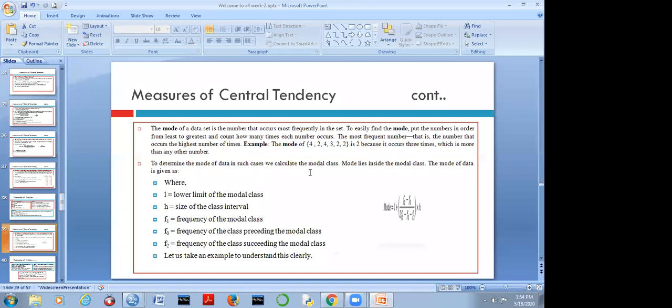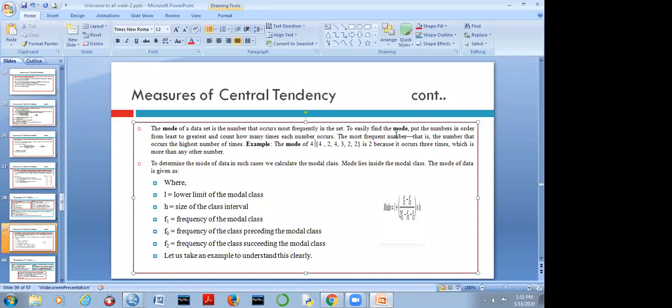ठीक है, दैट इज मोड. जैसे कि फॉर एग्जाम्पल, यहाँ पे द मोड ऑफ 4 2 4 3 2 2 इज 2 बिकॉज इट ऑकर्स 3 टाइम्स. मैंने मोड ऑफ 4 पूछा था, 2 टाइम्स. ठीक है, यहाँ मोड ऑफ 4 का कितना है? 2. Mode means, in a data set, the number that occurs most frequently in the set, a number which is most frequently used in the data set.